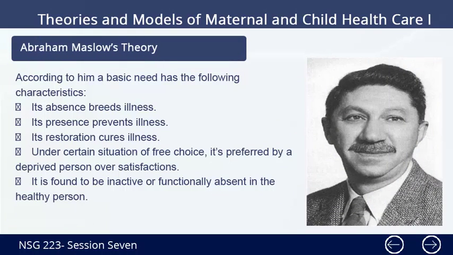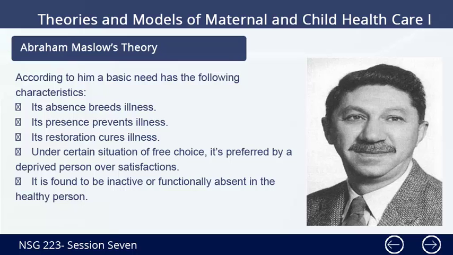Abraham Maslow's theory. Abraham Maslow developed the theory of human needs in 1940. He defined a need as a satisfaction whose absence causes illness. According to him, a basic need has the following characteristics: its absence breeds illness, its presence prevents illness, its restoration cures illness.